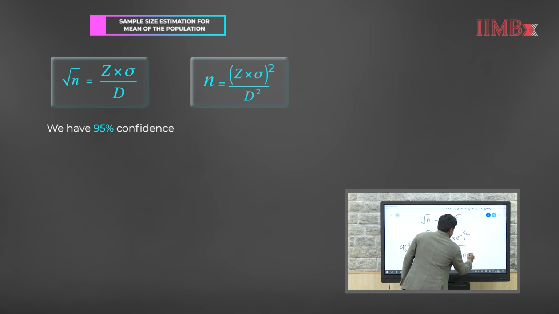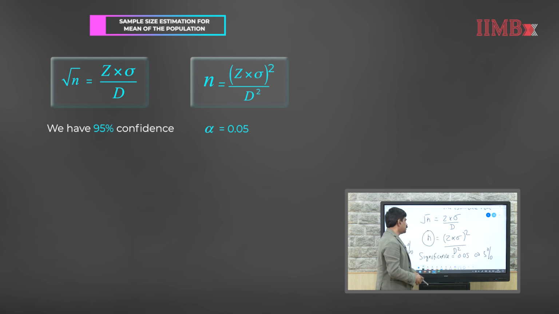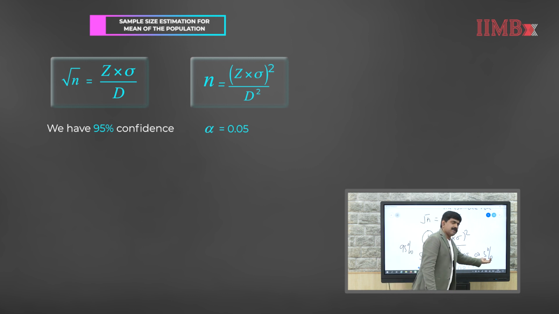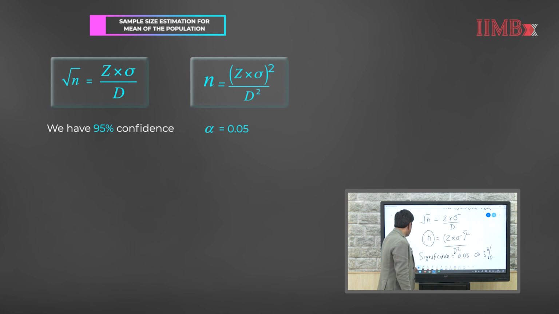It is 0.05 or 5%. Now, we can find under the standard normal distribution what is the critical value when alpha is 5%. So, let me explain how that is calculated.